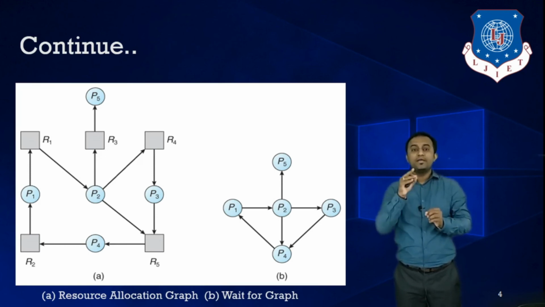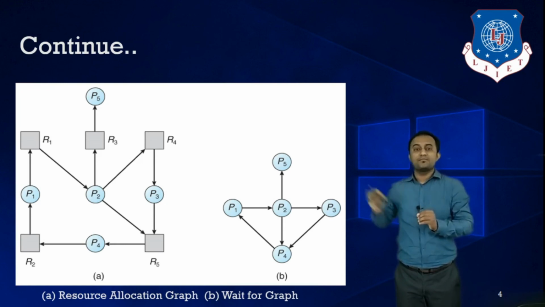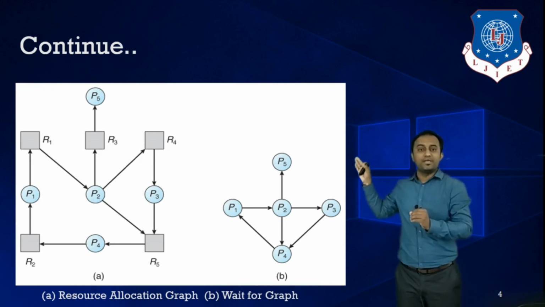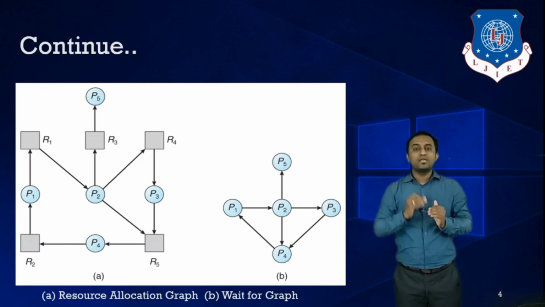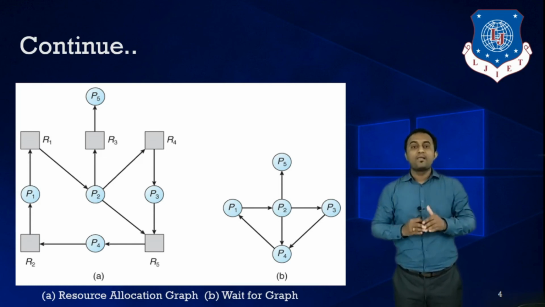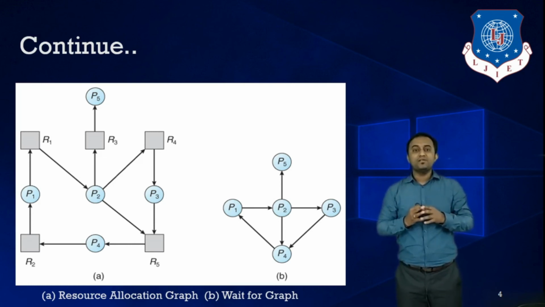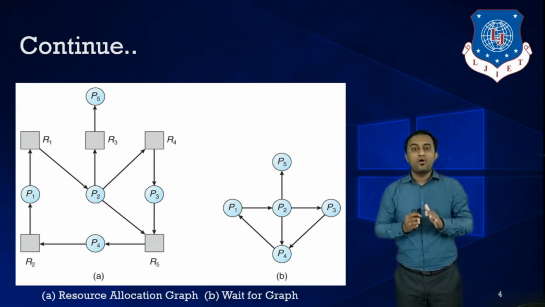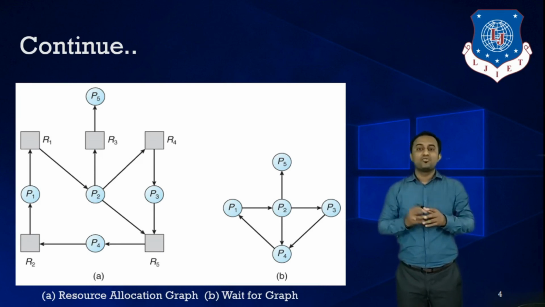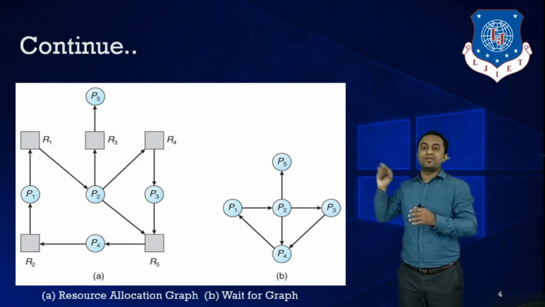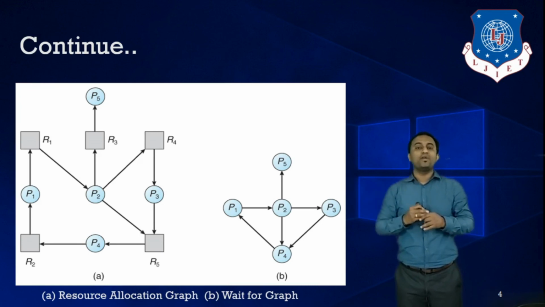In the same way, in the resource allocation graph, P2 is requesting resource R4, but R4 is already acquired by process P3. So P2 is waiting for P3, and we construct that in the wait for graph.